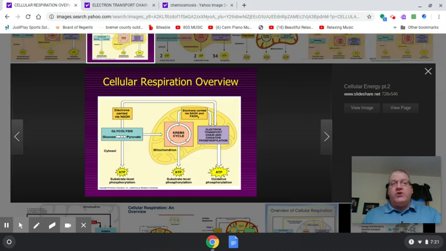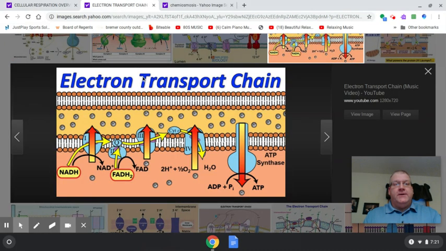The electron transport chain enzymes are embedded in this inner membrane. Okay, so you've got an outer smooth membrane and inner convoluted membrane, and the enzymes for the electron transport chain are embedded in that inner convoluted membrane. Okay, a little more close up looks like this. So now in this picture, electron transport chain up here is in the cytoplasm.